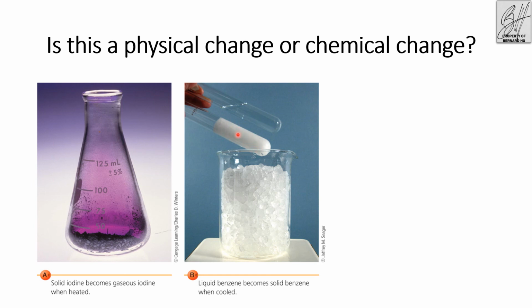However, the molecules of benzene have not changed. We have liquid benzene becoming solid benzene, but benzene is benzene. All the molecules are still benzene. That means that in both these situations, we are witnessing a physical change.